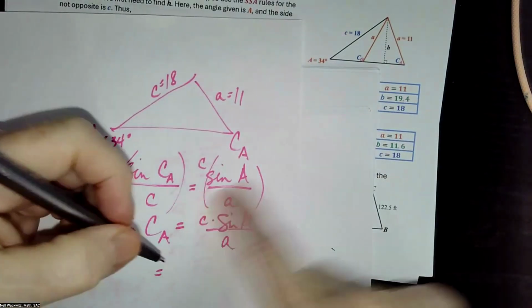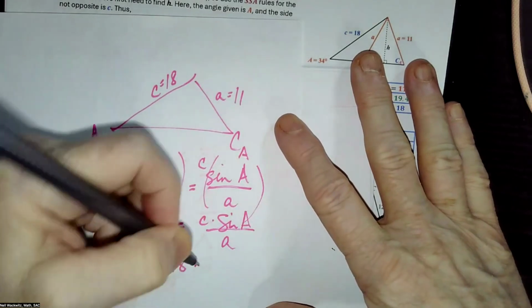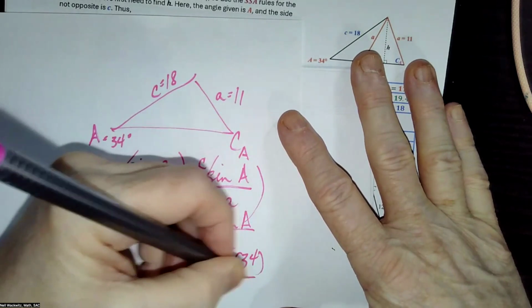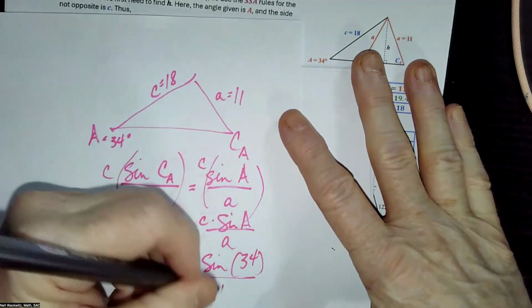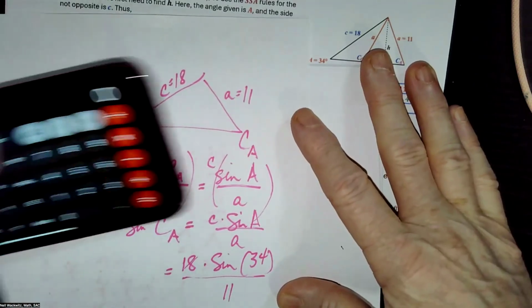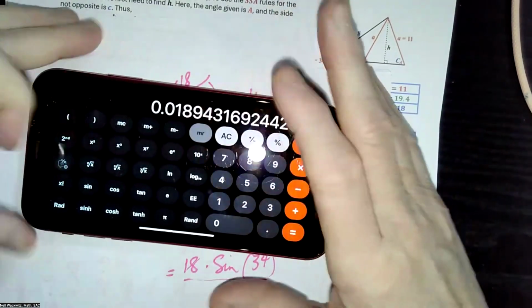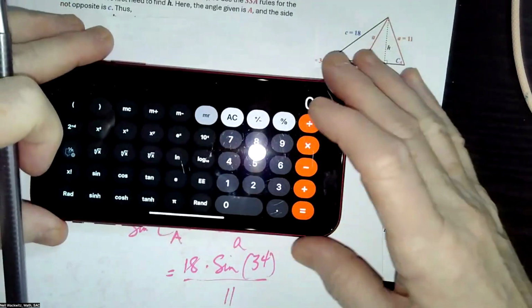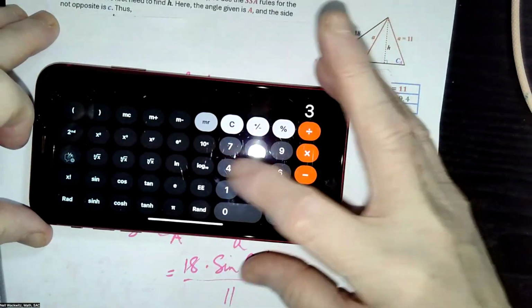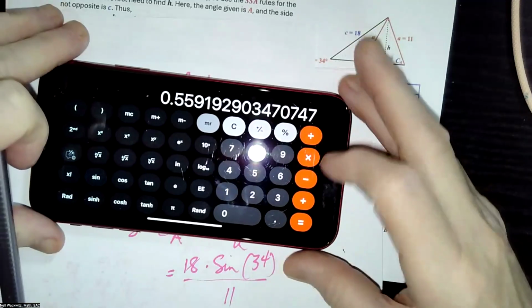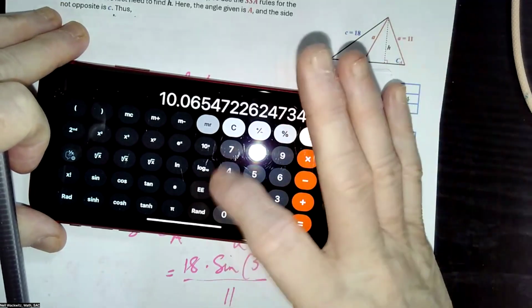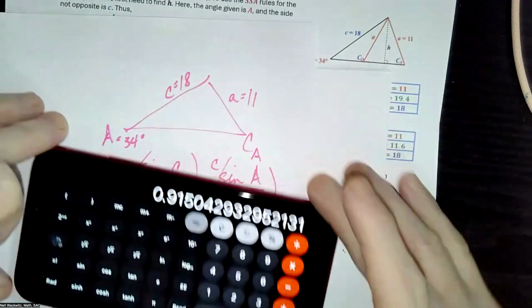And that's 18 times the sine of 34 divided by 11. Okie doke. So we've got 34, sine, times 18, divided by 11, equals.